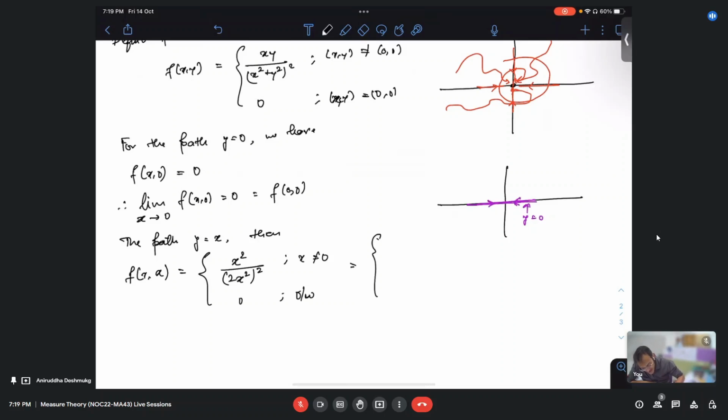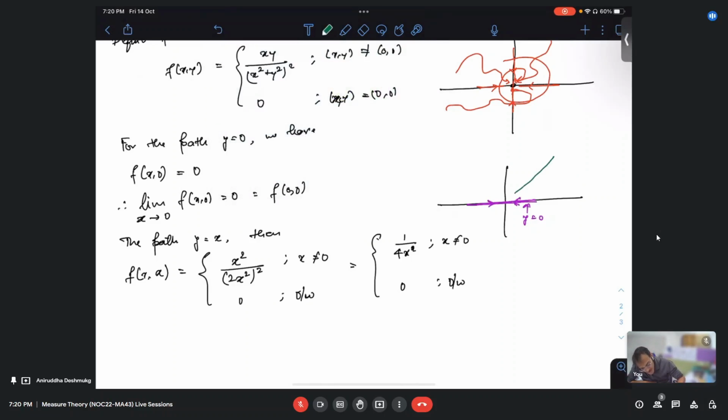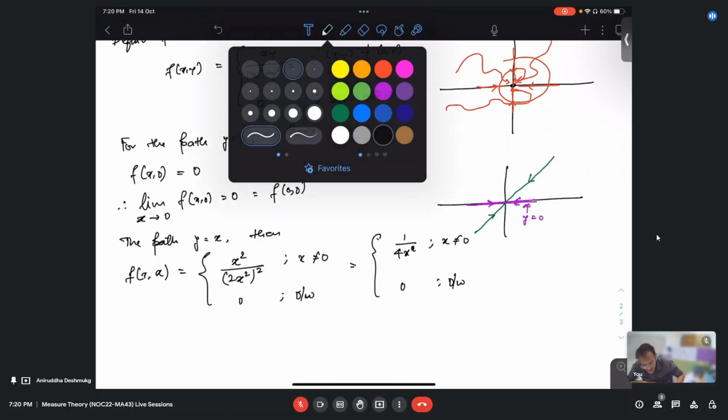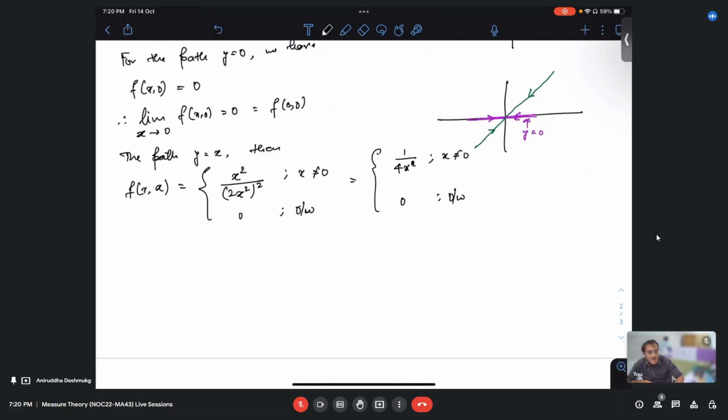So if I want to write it, it is 1 over 4x square when x is non-zero and it is 0 otherwise. Now we are taking this path, either coming from the right or from the left. It doesn't matter because it is an even function, so whether you come from top or below, right or left, everything is the same.